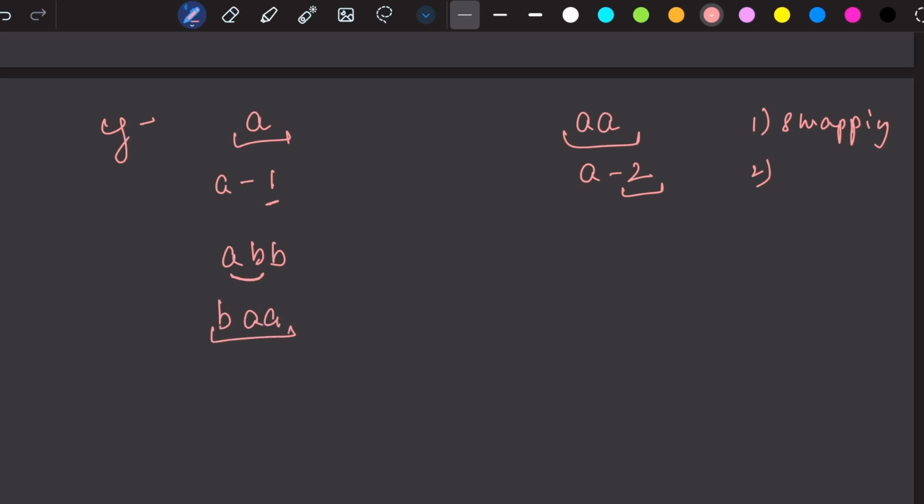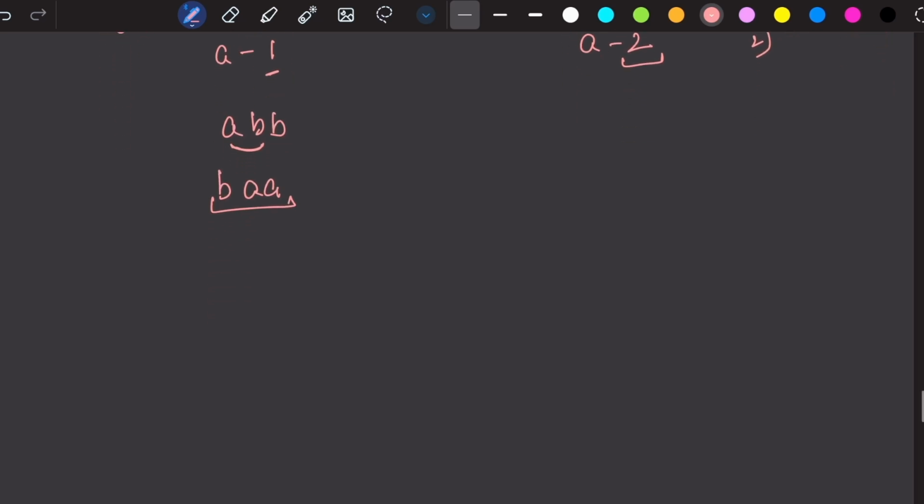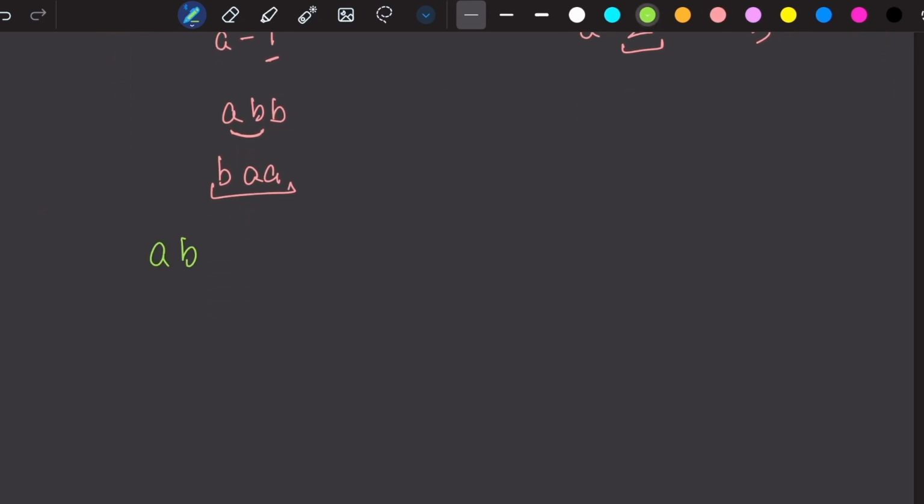This can be possible only. We cannot increase the count of any character, and we cannot add any character. If this is AB and this is double A, these are also not possible because we have another character which is not here. We cannot get this anytime. We can only swap characters or their counts. Only two things are possible.